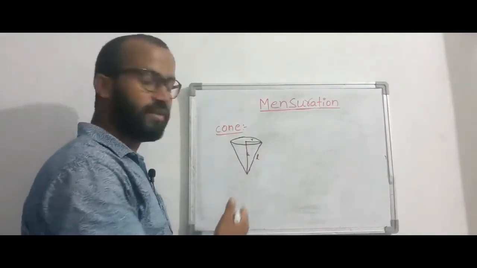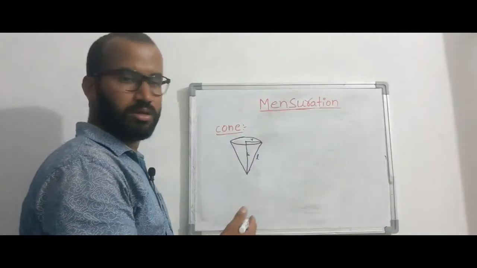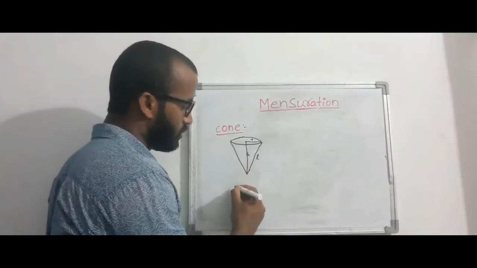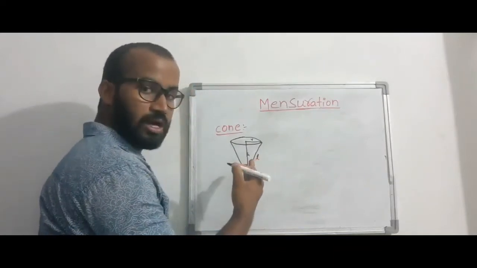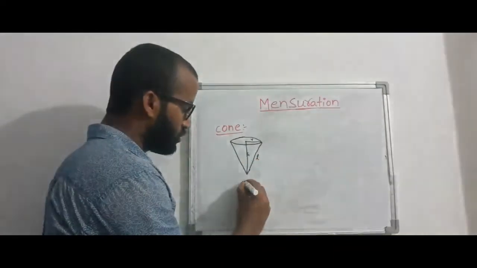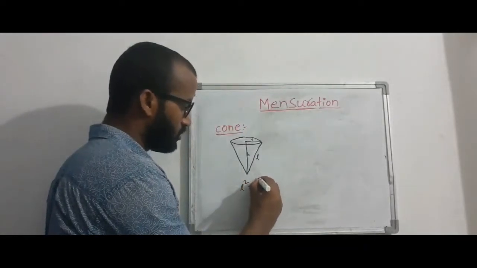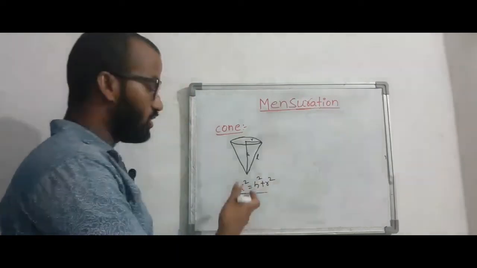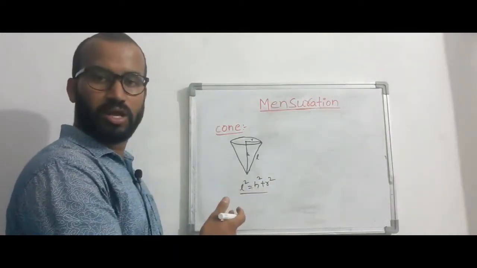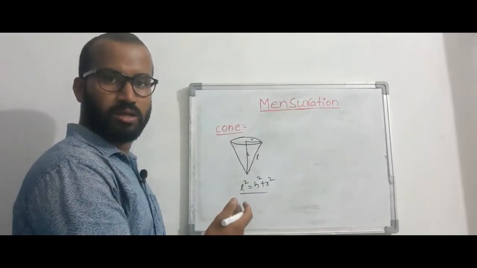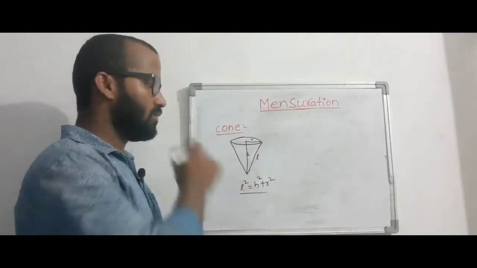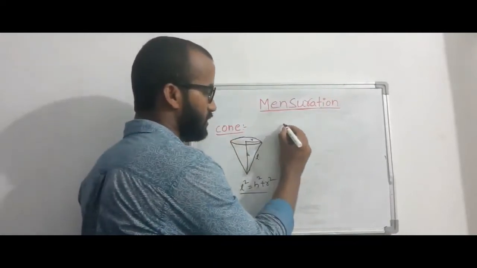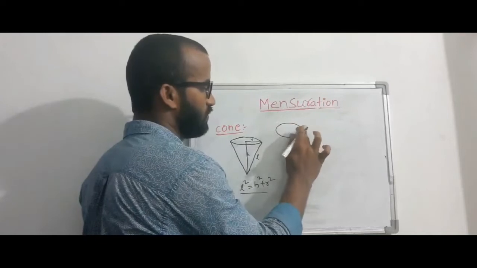Using Pythagoras theorem, if any two quantities are given, we can find the third. So L square is equal to h square plus r square.